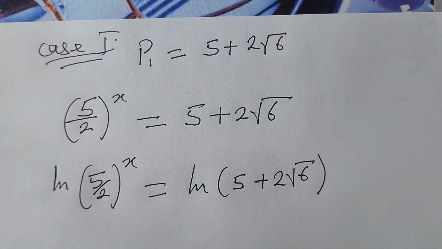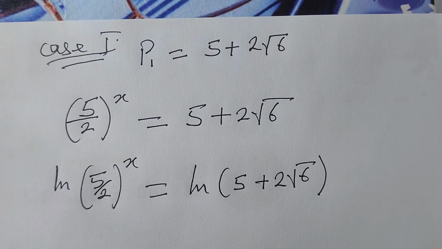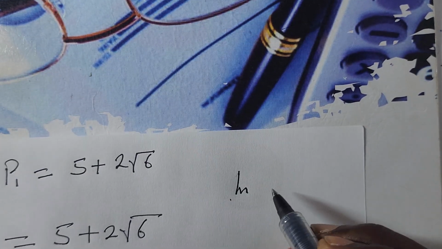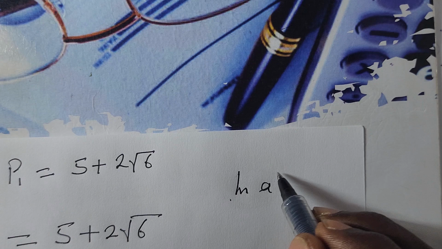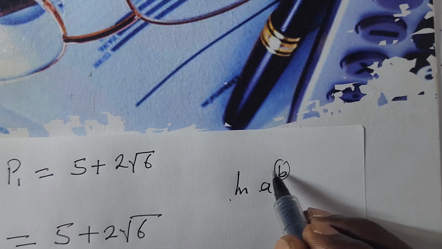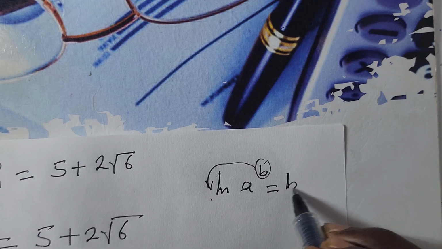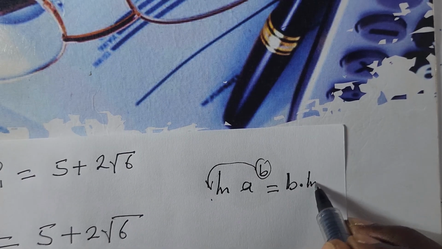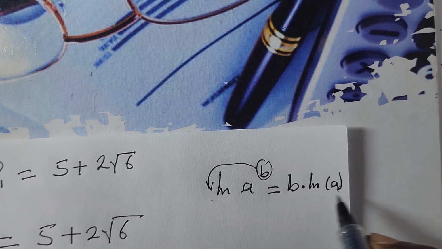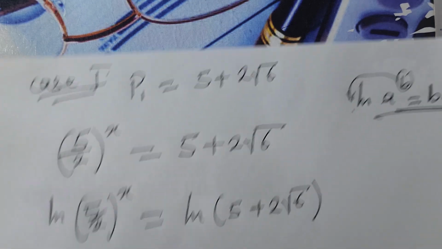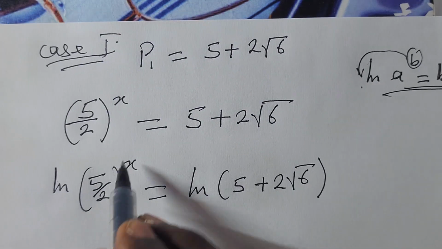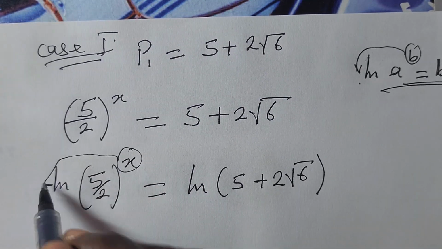We consider one of the laws of logarithm, which says that if you have the ln of a to the power of b, you move this b to the front, giving b times the ln of a. So we can move this exponent to this side.